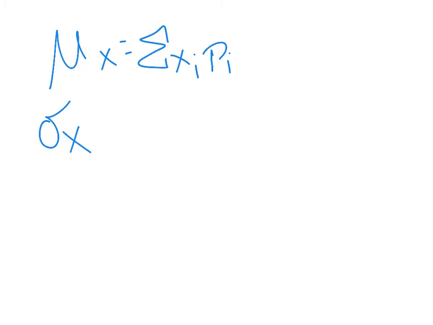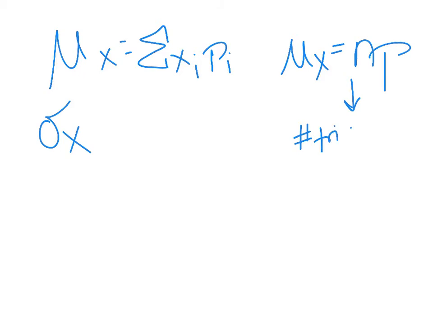But for a binomial distribution only, that simplifies to the mean of x equals the number of trials times the probability. Remember, n is the number of trials, p is the probability.